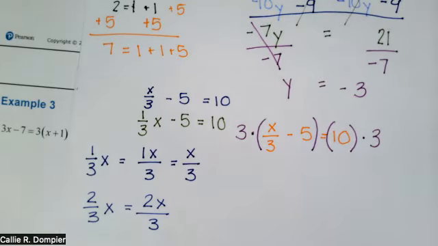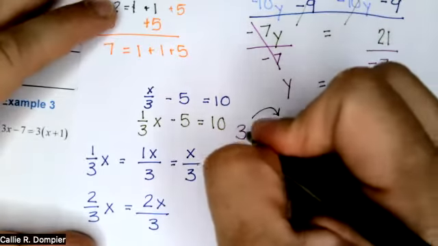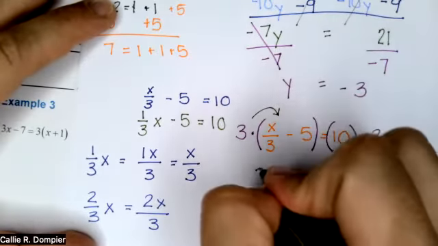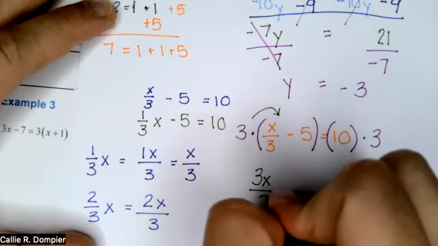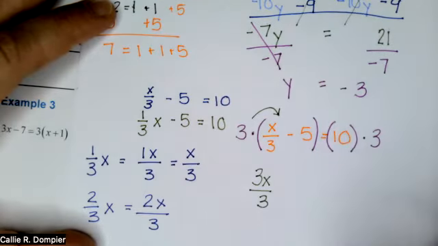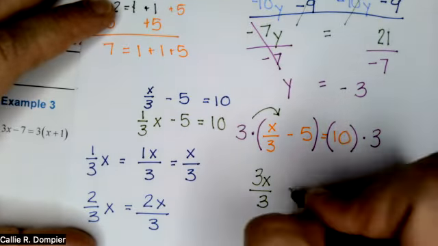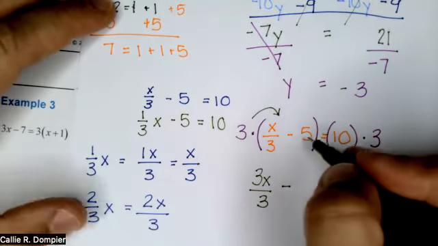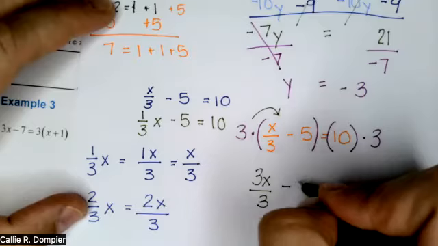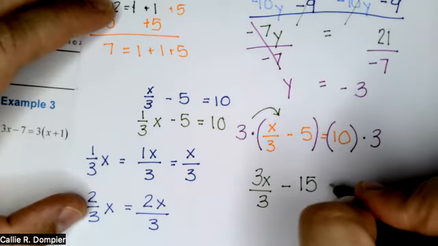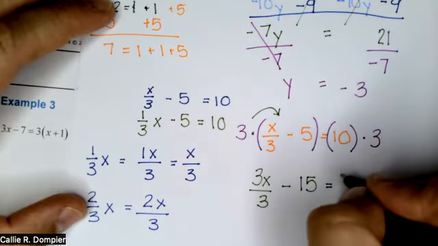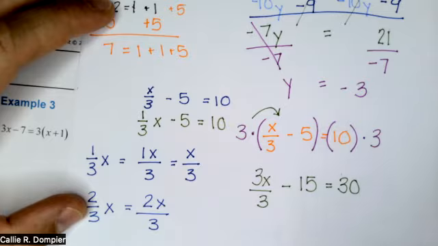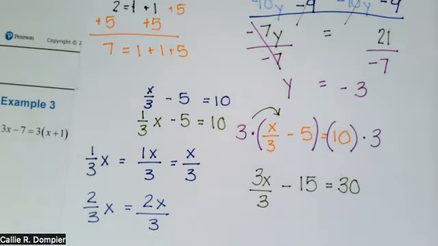Now I'm going to go distributing it bit by bit. 3 times x over 3 is 3x over 3, right? 3 times 5 is 15. Spencer, tell me if I'm wrong. 10 times 3 is 30. Good?